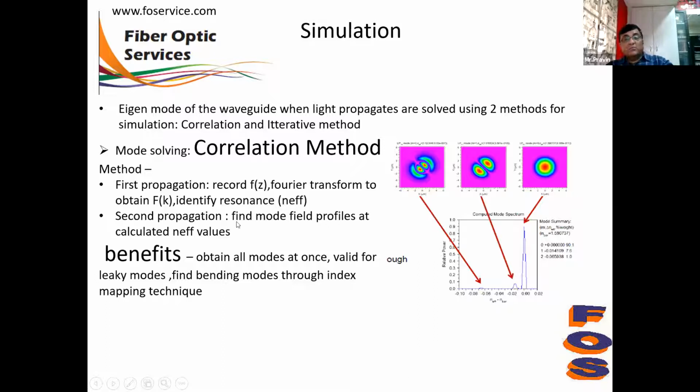And in the second propagation, it will find the mode field profile at all the calculated N effective. The benefit of this is obtaining all modes at once. This is also valid for the leaky modes. It finds the bending modes through the index mapping technique.